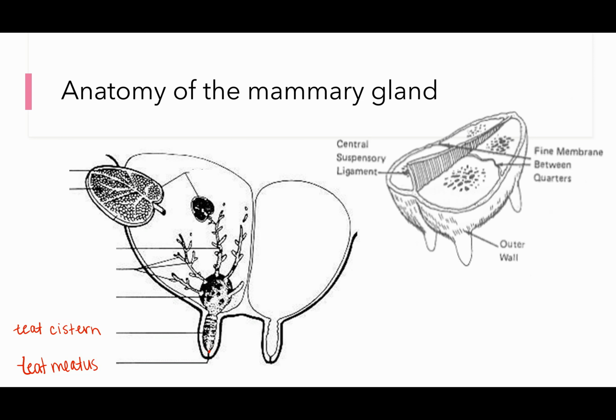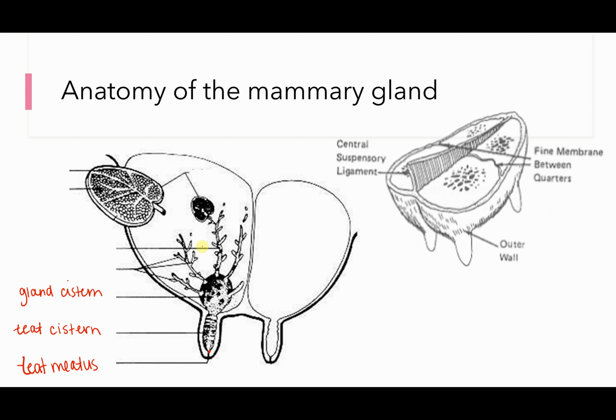Followed by what we refer to just as the gland cistern. These just kind of will actually hold milk for it to be let down and consumed.